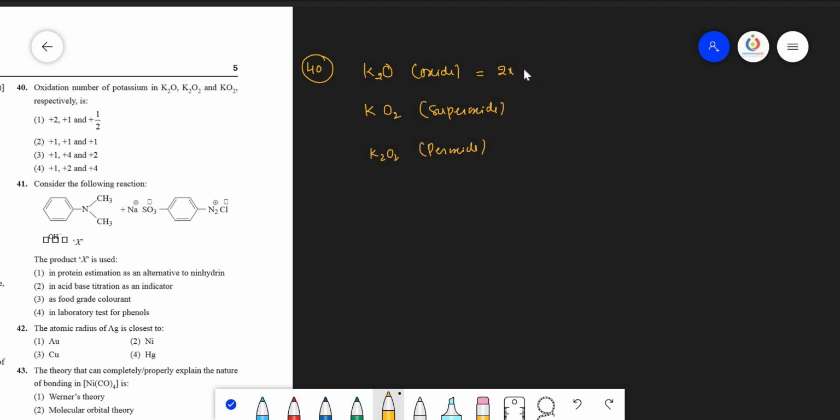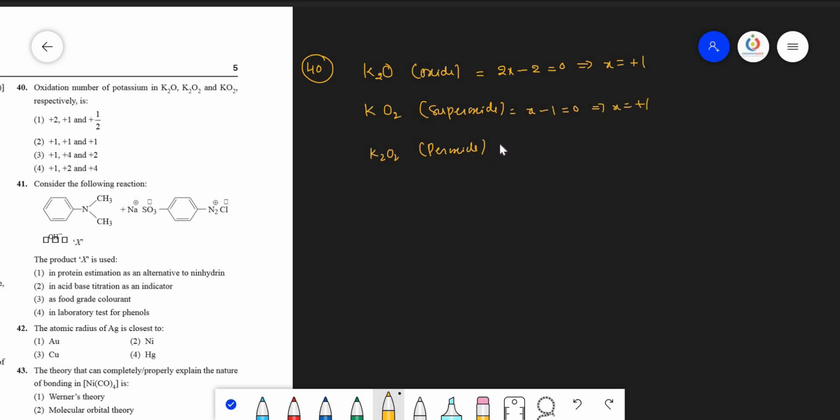There are 2 potassium, so 2x. Since it is a normal oxide, oxygen will have the -2 oxidation state, and the sum equals 0. From this, x equals +1. Similarly for the superoxide, in superoxides oxygen exhibits -1/2 each, 2 together exhibit only -1. There is only 1 potassium, x, and from the oxygen it is only -1, which equals 0. So x equals +1.